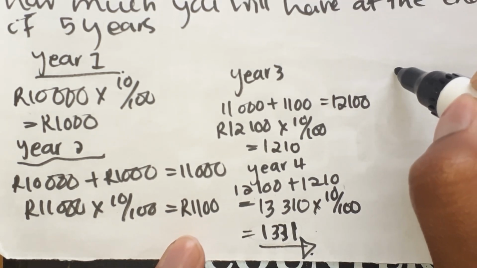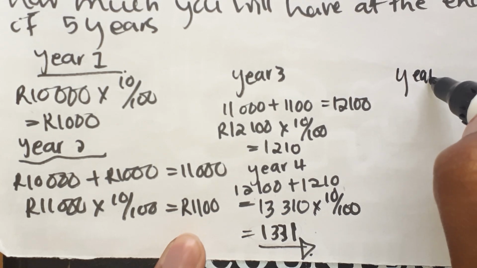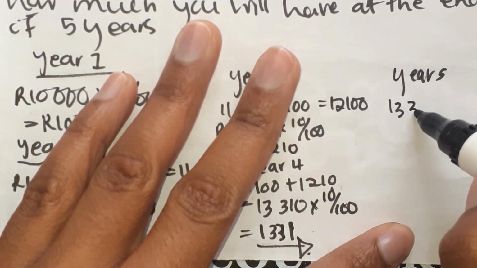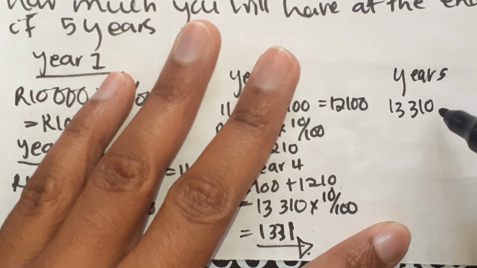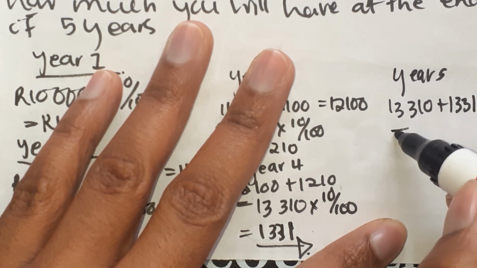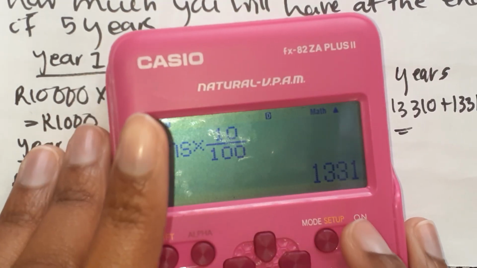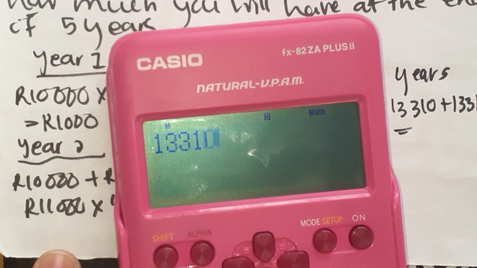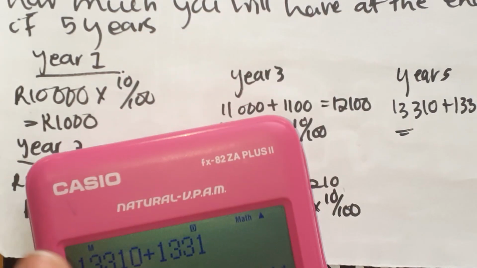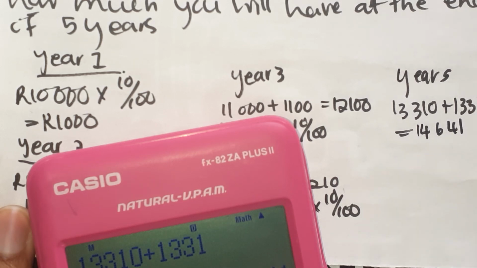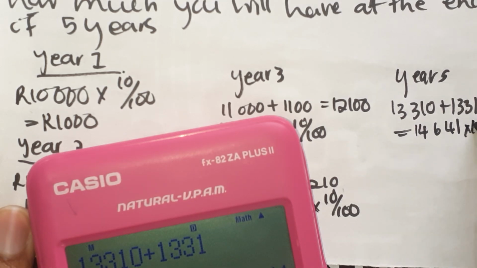And then in year 5, we had 13,310, and then we add 1,331 to that, and we have 14,641.